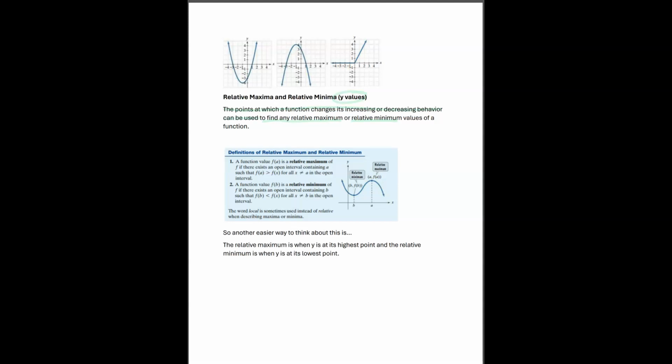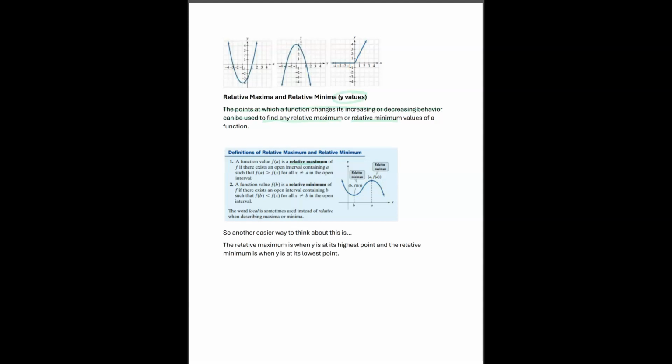Okay, more math speak. So this is the definition of relative maxima and relative minima. A function value f of a is a relative maxima of f if there exists an open interval containing a such that f of a is greater than f of x for all x not a in the open interval.